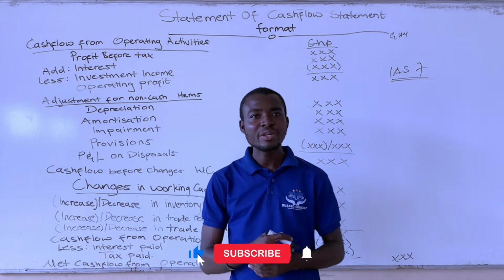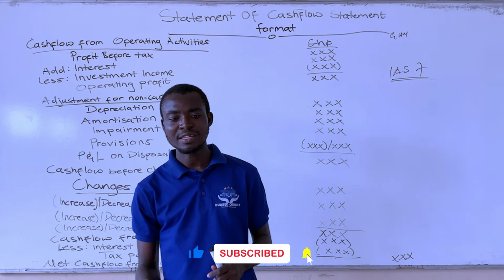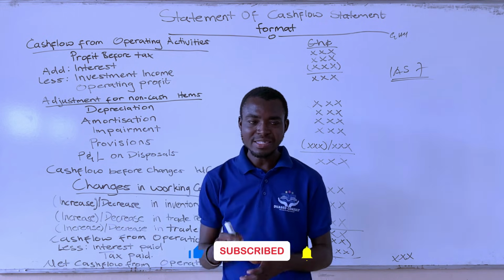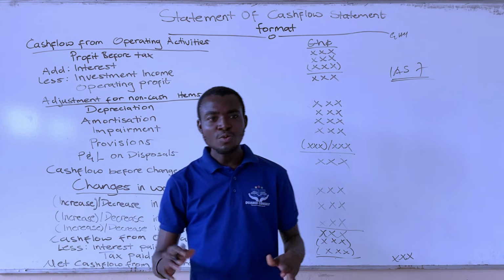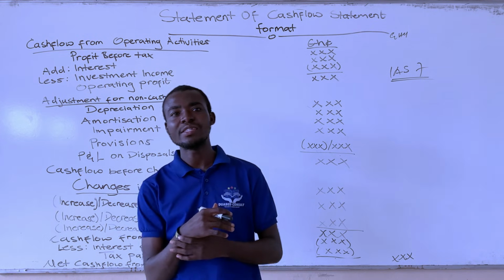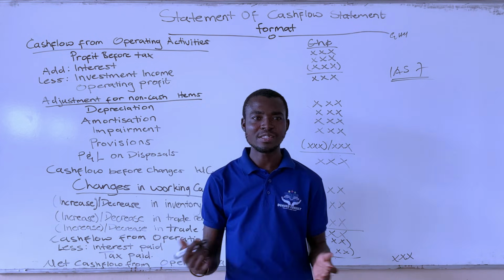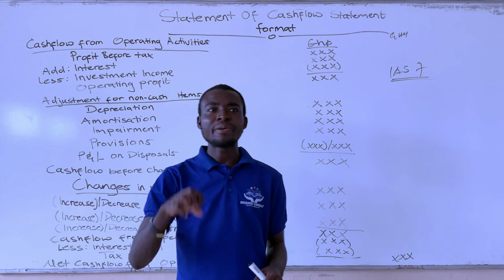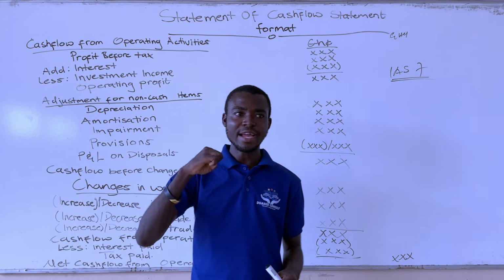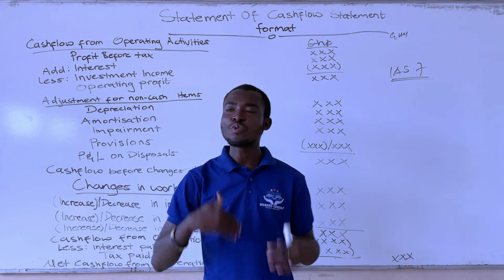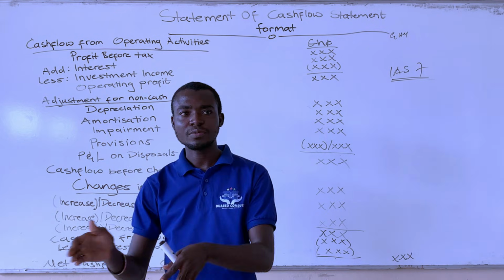So we start with the meaning of operating activities, that's cash flow from operating activities. When we say cash flow from operating activities, it's about the principal activities of the organization. That's what we know the organization for.